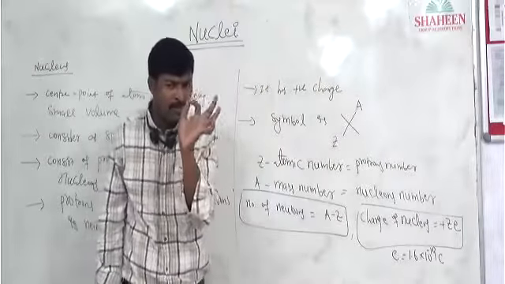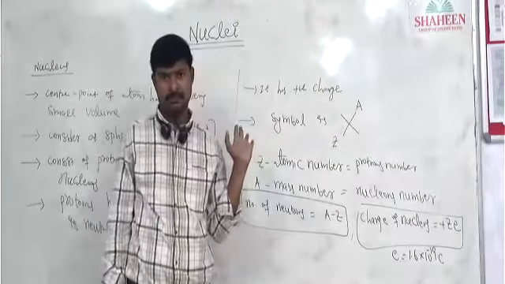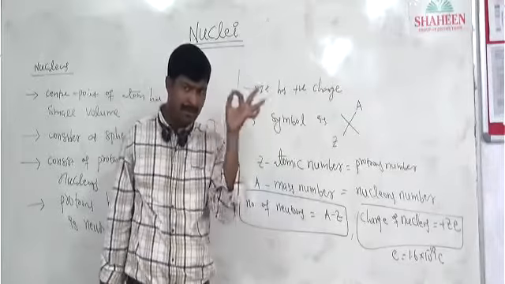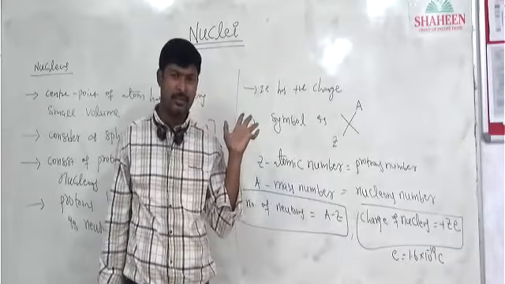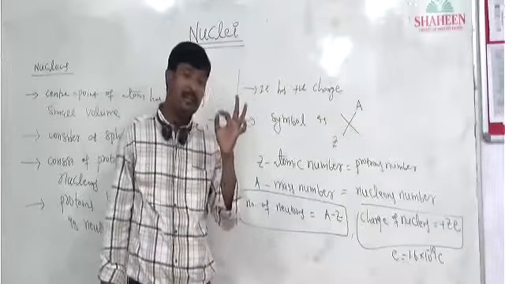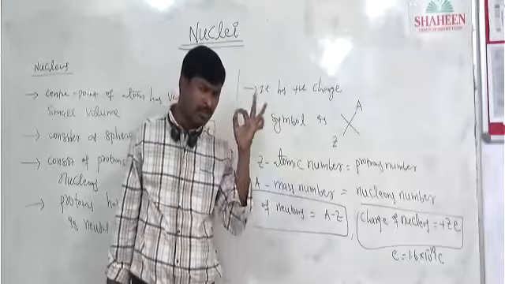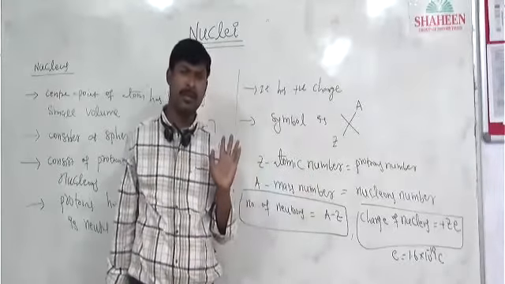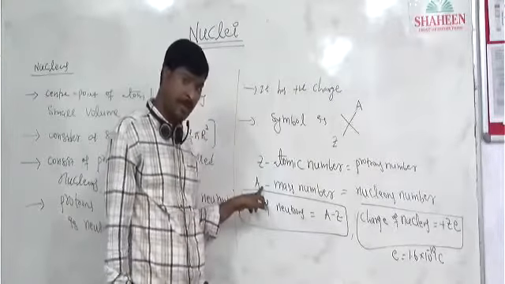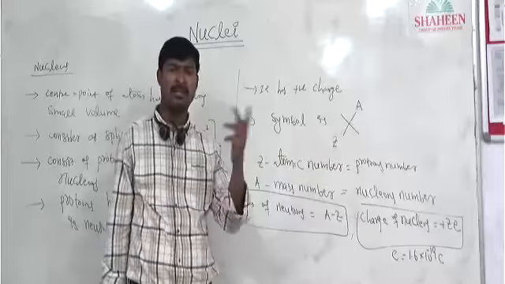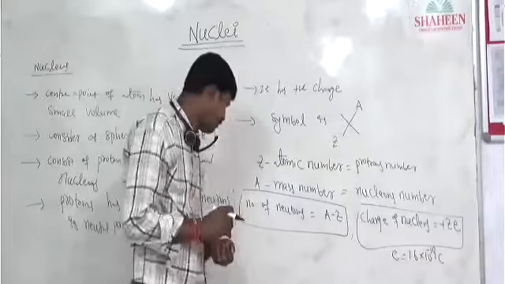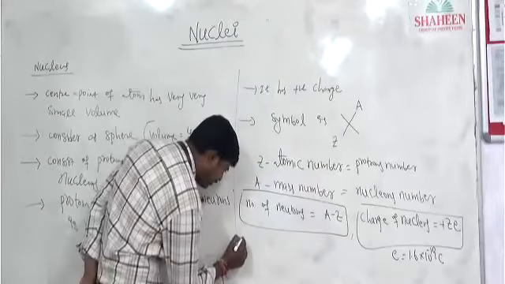See, mass of each nucleon, sorry, mass of each nucleon into nucleon number. How many nucleons are there? A into the mass of each nucleon, right? So the mass of the nucleus we can write, look carefully.